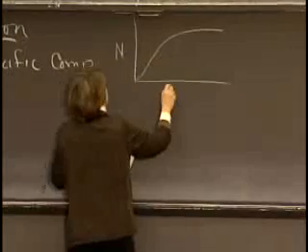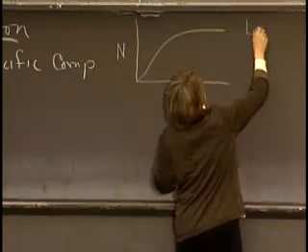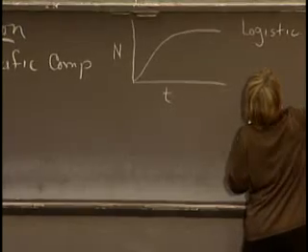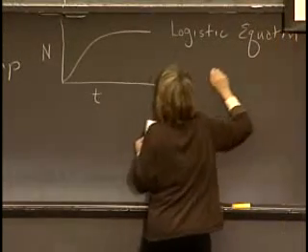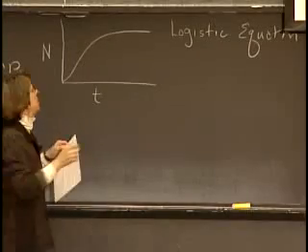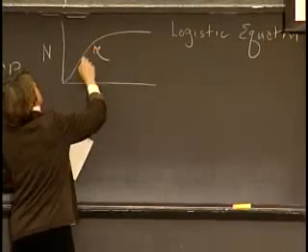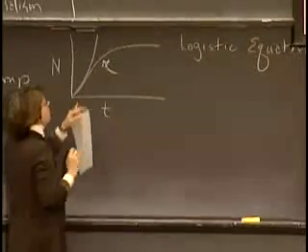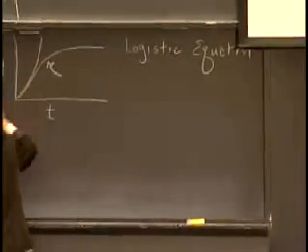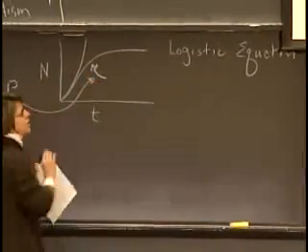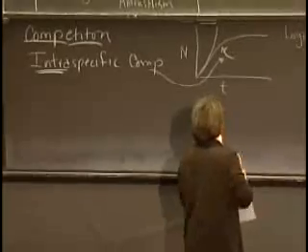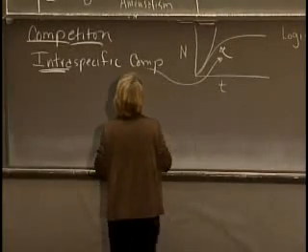Remember our logistic equation, and the density-dependent feedback mechanisms in that population that caused the population to deviate from exponential growth were due to intraspecific competition: individuals within a species competing with each other for a resource.